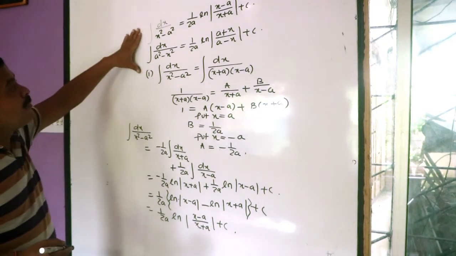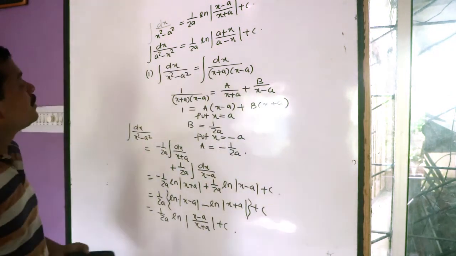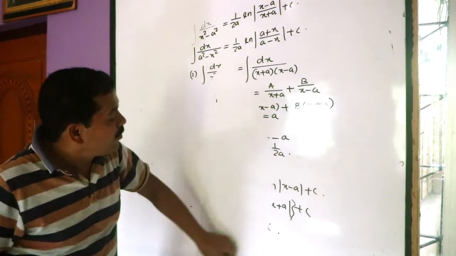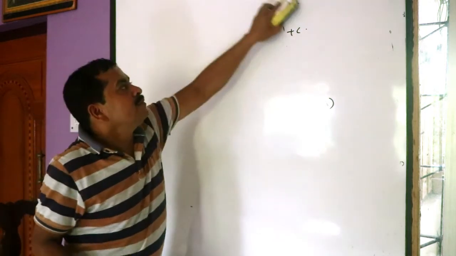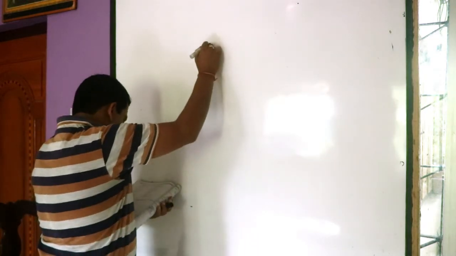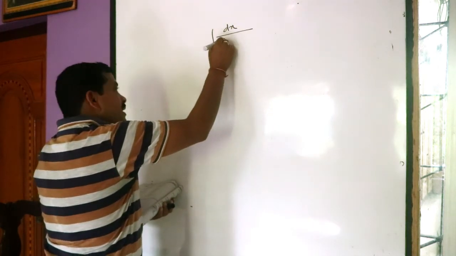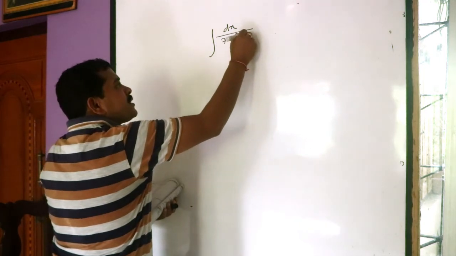In these two important formulas, there are many problems where we have to use them. For example, suppose the integration is dx by 7 minus x square plus 6x.